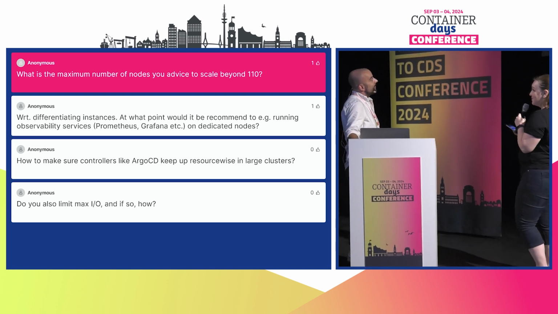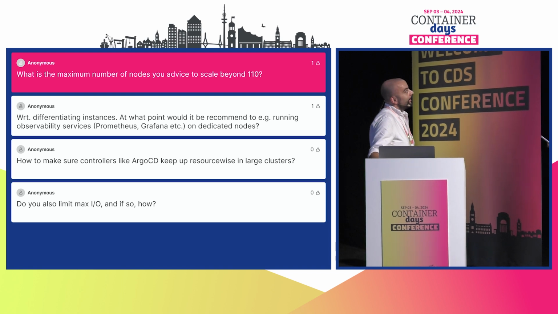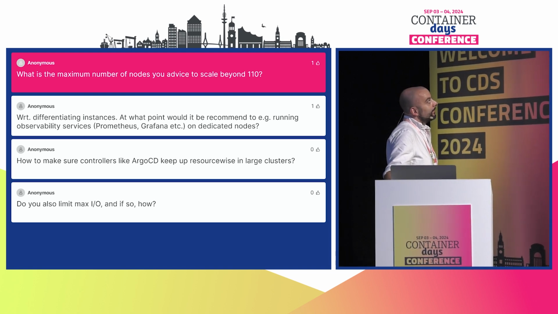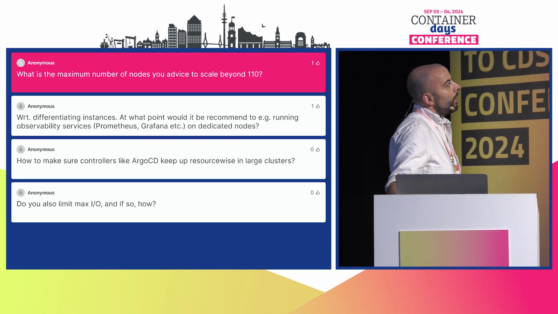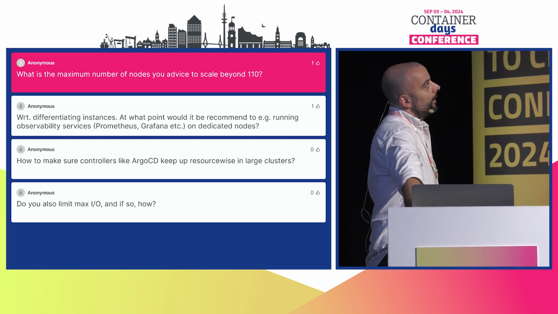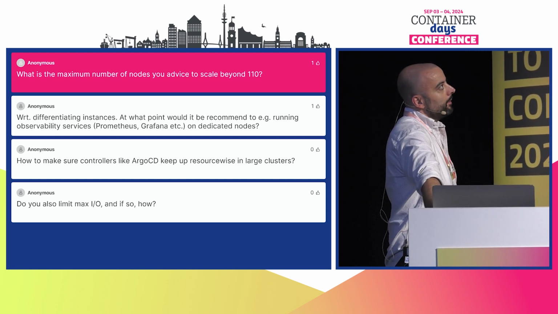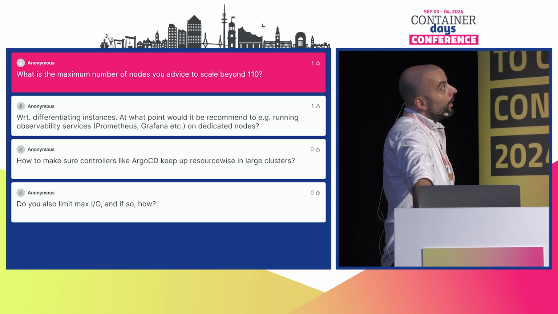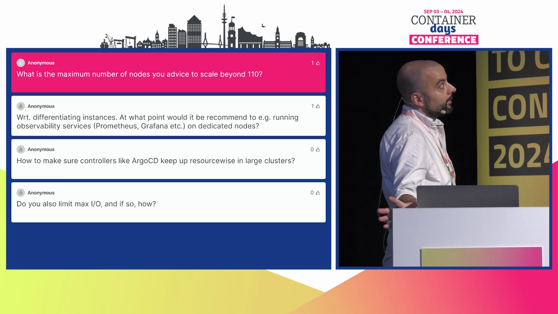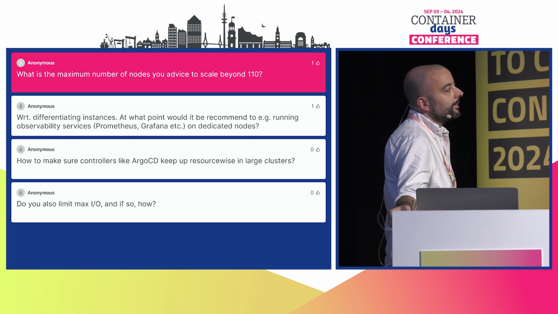All right, we did receive a couple of questions. The first one is, what is the maximum number of nodes you advise to scale beyond 100? Is there such a maximum number? I think they misspelled and they mean pods, because 110 was the maximum number of pods. It's a tricky question.